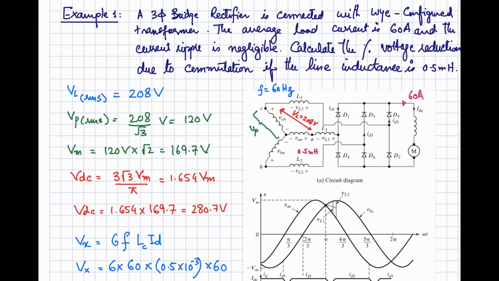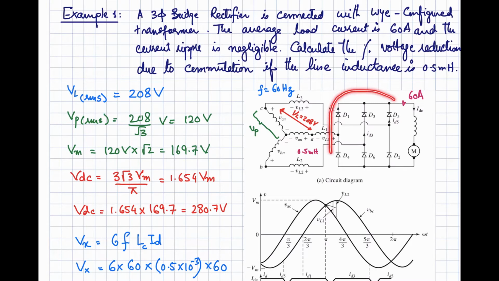So the line voltage is 208 volt. First of all, we are going to calculate the phase voltage by dividing it by root 3. So the phase voltage, that is between these two points, will be equal to 120 volt. To get the peak voltage, we multiply this RMS voltage by root 2, so that is 169.7 volt.